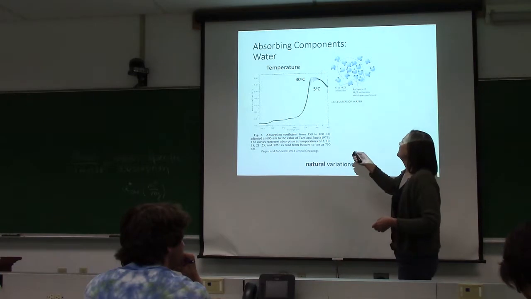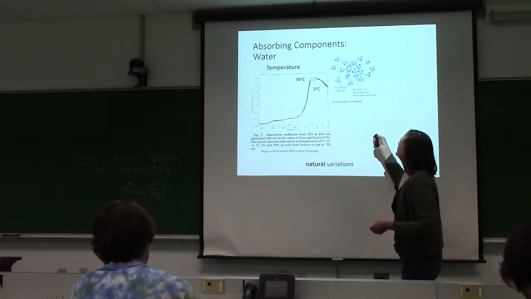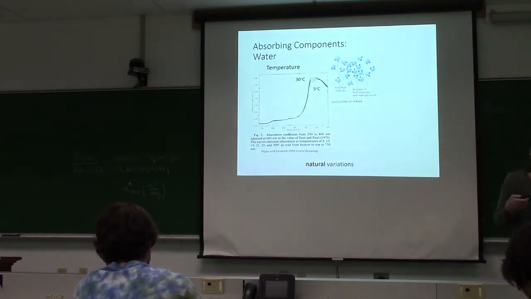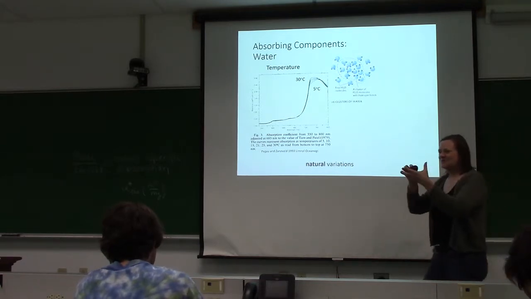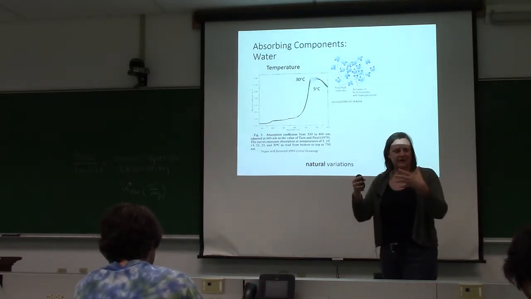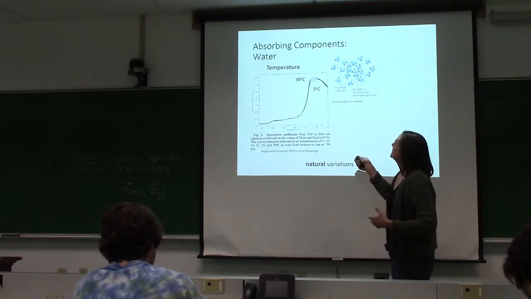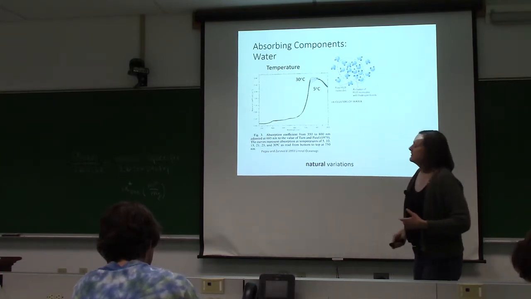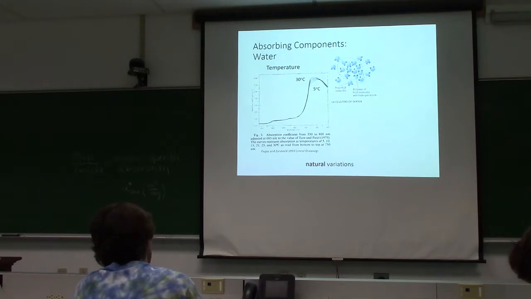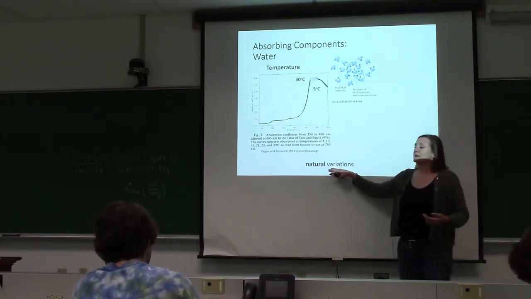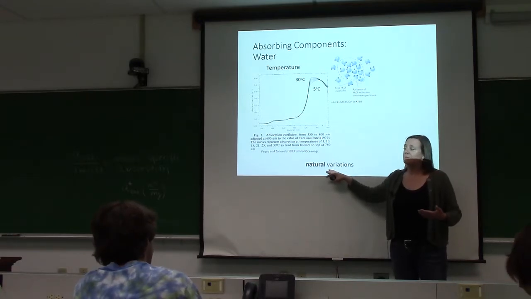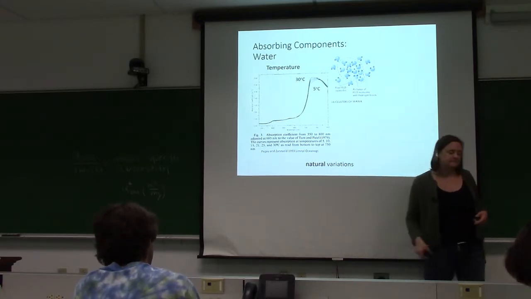And so you get lower vibrational energy in here, and you get a change in the absorption. Whereas if it's really warm and the molecules are really vibrating, it changes the molecular structure of those molecules next to each other in the hydrogen bonds, right? So this is a natural source of variability, and we're going to see it in the lab too. And it turns out what is a natural variability in absorption ends up being a pain in the neck methodologically, okay?